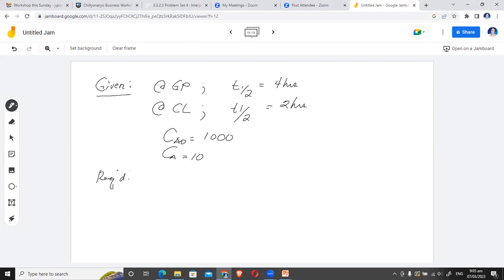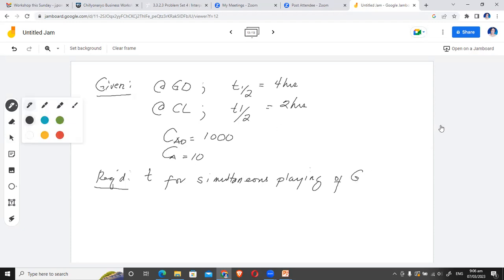Required: t for simultaneous playing of galloping dominoes, GD, and Chak-a-Lak.